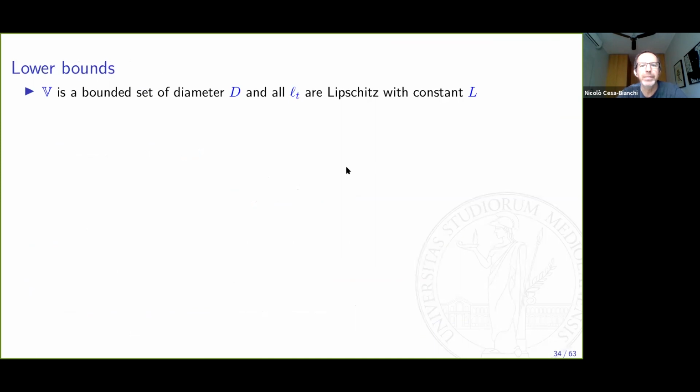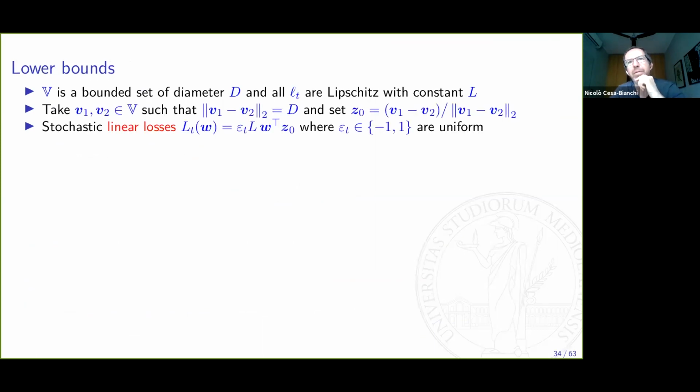All right, so I want to start, again, with some lower bounds for this more general online learning problem. But let me cut a little bit short. The philosophy of this lower bound is similar to the one we proved for the experts case. I'm choosing a point using two elements in my decision space that are furthest away, because I want to introduce a dependence on the diameter of my decision space.